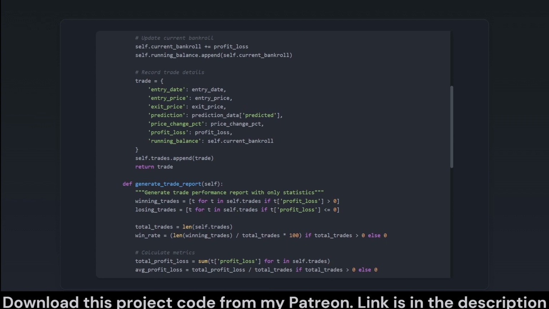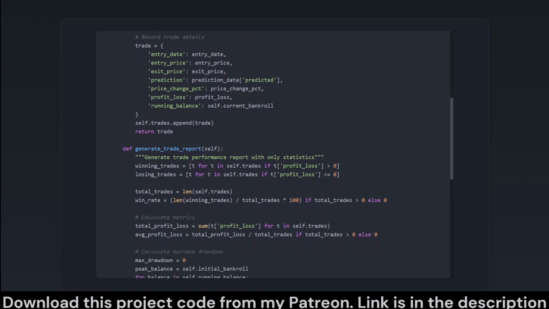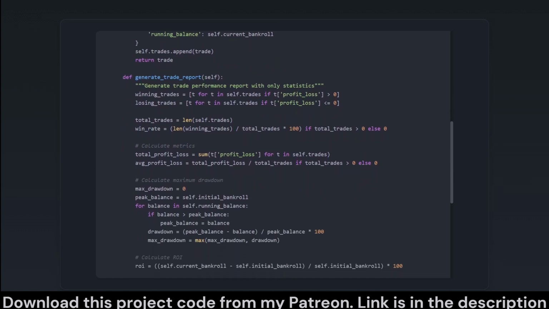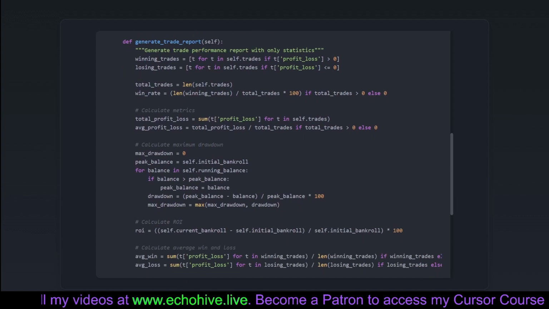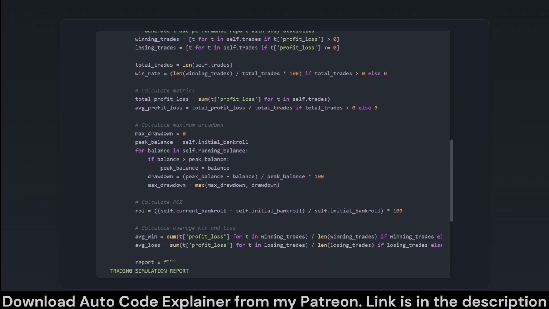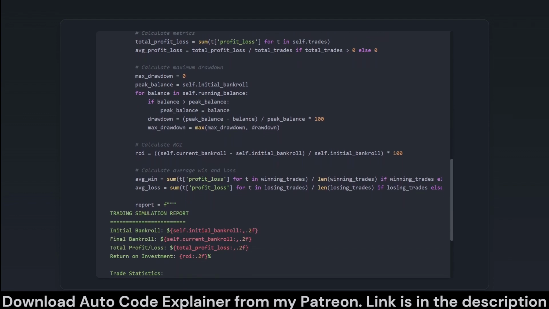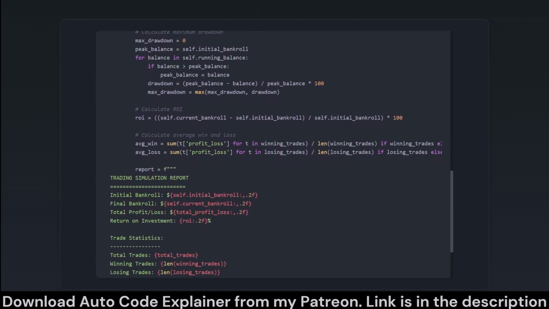The init method sets up the initial bankroll and creates data structures to hold trade records and balance history. Think of it as setting up your initial piggy bank before you start throwing imaginary money around. The simulate trade method calculates the profit or loss based on predicted stock price movements and records each trade's details.